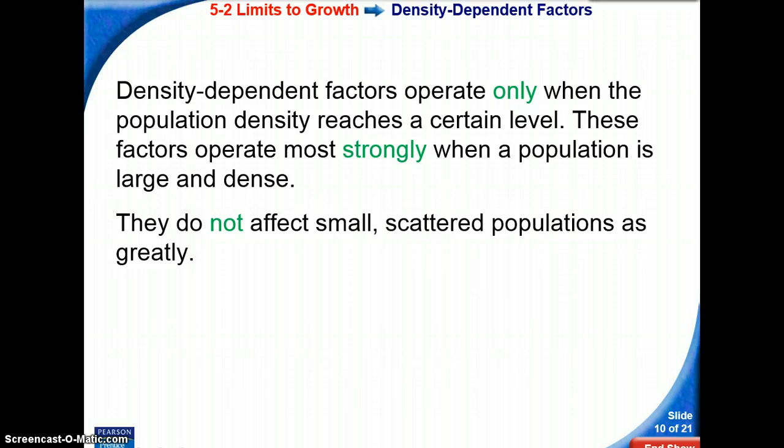And if there's less food, there's not going to be as much predation, there's not going to be as much parasitism, and when you have a smaller population, you're also not going to get as much disease. So that's why these density dependent factors depend on a large population.